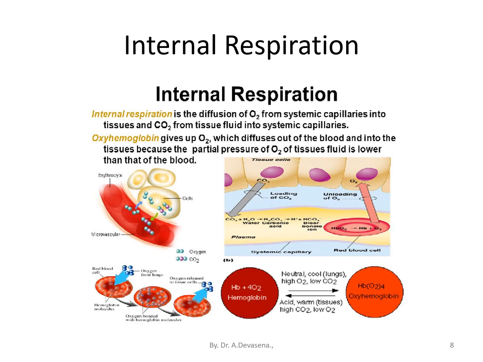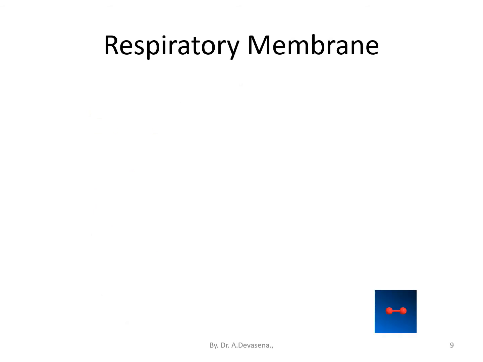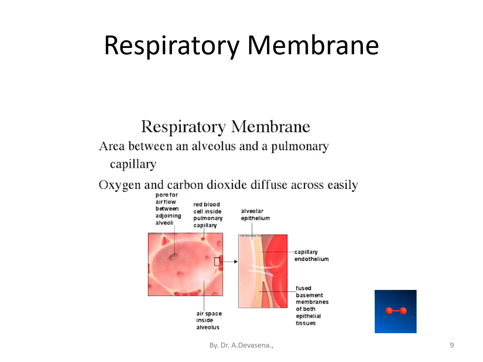Here is the representation. The cross-sectional view of the respiratory membrane is shown below. In this respiratory membrane, the area between an alveolus and a pulmonary capillary, the oxygen and the carbon dioxide diffuse across easily, as indicated in this diagram.